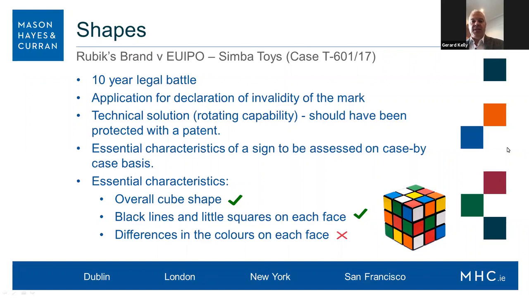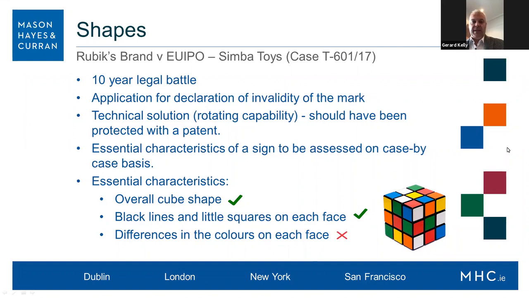So taking those essential characteristics, the court then examined, do those essential characteristics give a technical function? And here, the black lines are clearly there to facilitate the rotation of the cube, to play the game effectively and to bring the colors together as you do. And again, the overall cube shape is in that shape to facilitate that rotation, etc., and the game in the way it is. So therefore, this trademark fell foul and was held to be invalid.